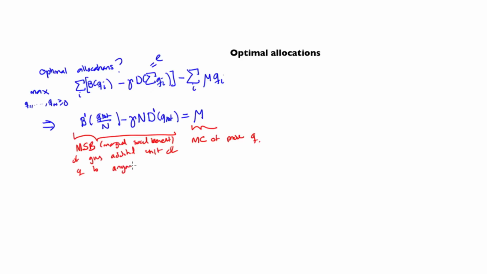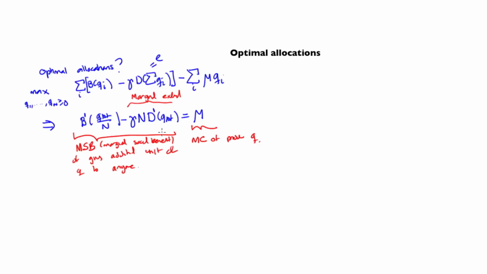Okay, let's get some intuition for this. Suppose that gamma was 0. If this was not there, the marginal social benefit would just be the marginal benefit for that person, and the optimum has to be equal to the marginal cost of production. The problem here is that we have the marginal externality. Every time you give a unit of Q to someone, you increase their marginal benefit of consumption by B' of this, but you also create damage on everyone. How much damage? All of this much.